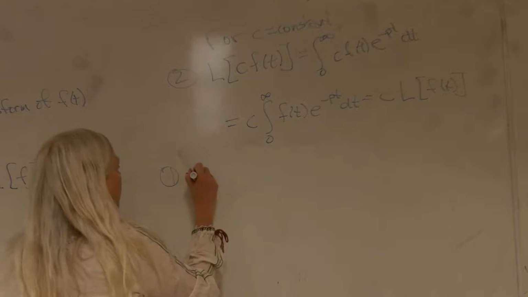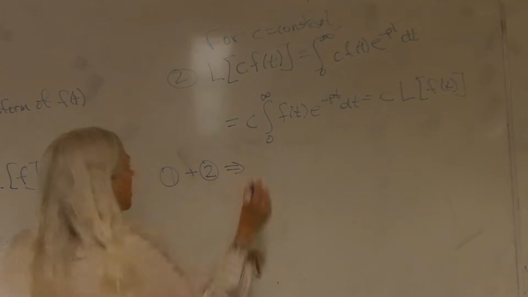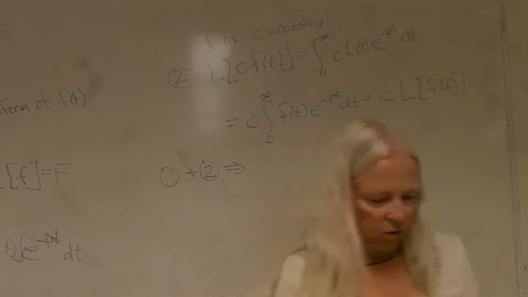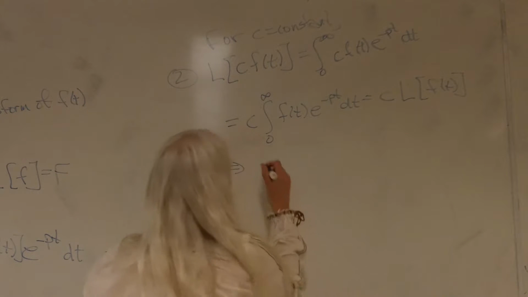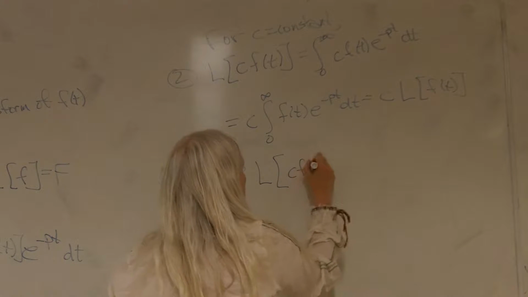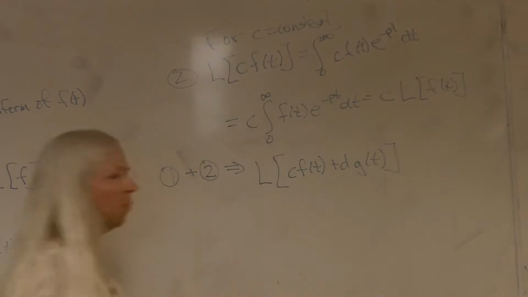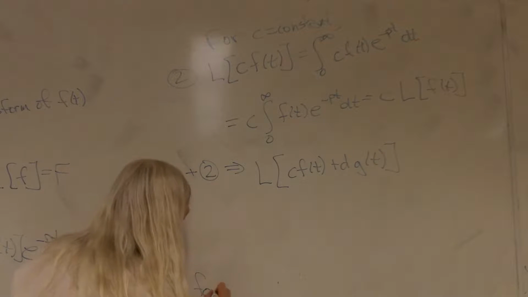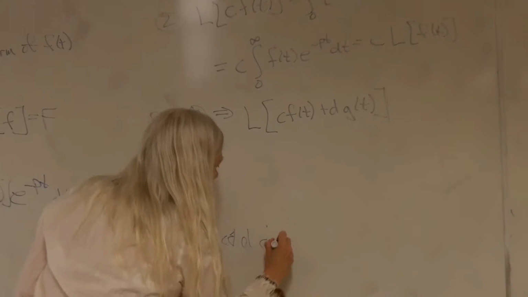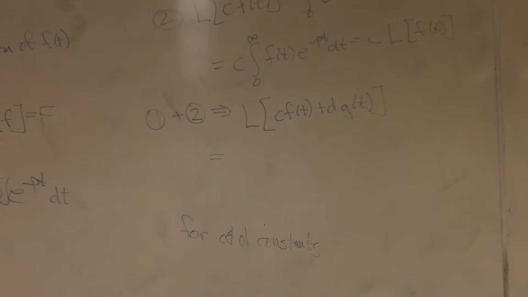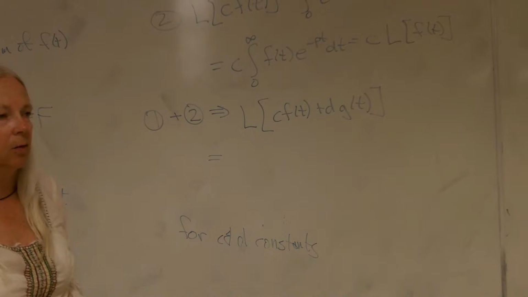And by combining these two results, 1 and 2, together, we can write the following: if we have the Laplace transform of c times f of t plus d times g of t, where c and d are both constants, we can first of all split the Laplace transform of a sum up into the sum of the Laplace transforms, and then using item 2 here, the constants c and d can be moved out in front.